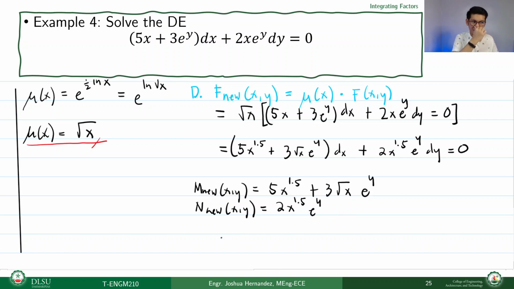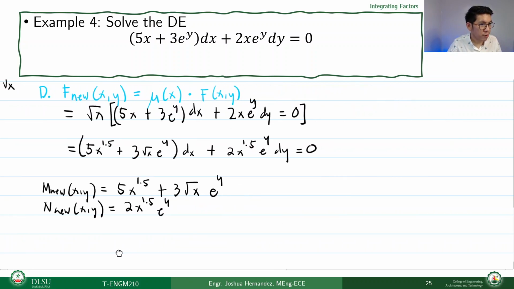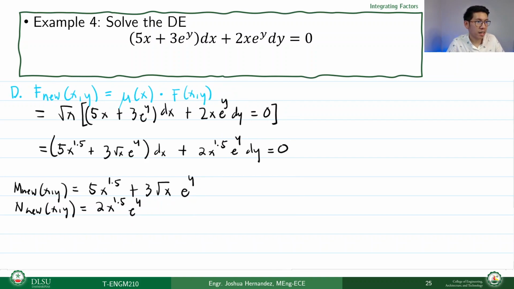We identify that because we need to be very sure that this is now exact, and we can do that by once again doing the test for exactness on our new function.